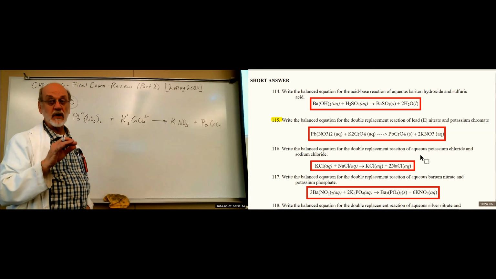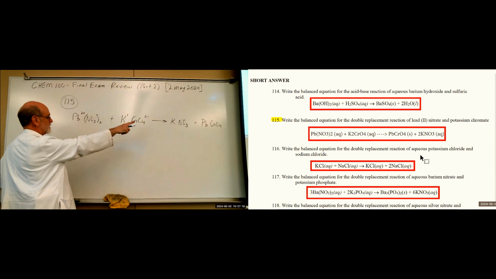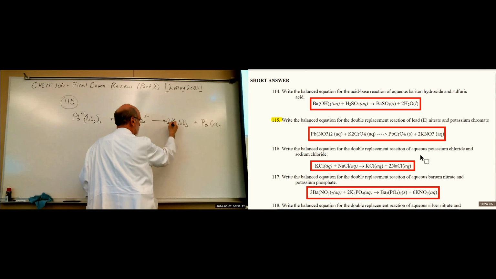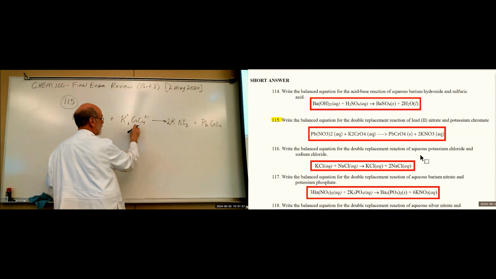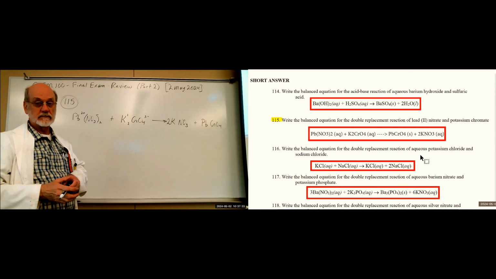Well, not always, but most of the time they are. So we have 1 lead, 1 lead. 2 nitrates. We need 2 nitrates. Right? Now we have 2 potassiums and 2 potassiums, 1 chromate, 1 chromate. That's balanced. That's it. All done.